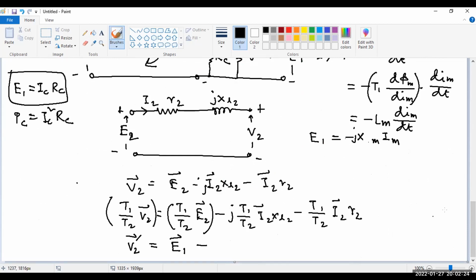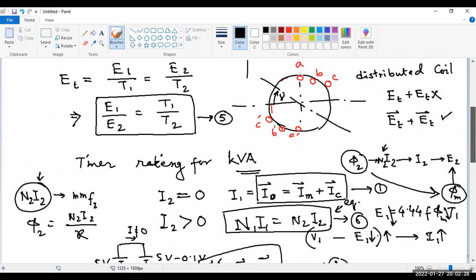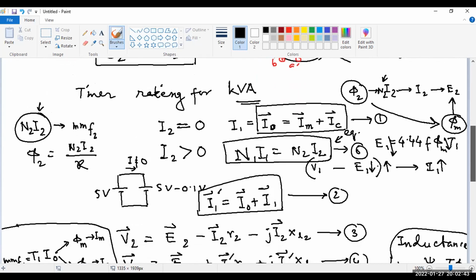Okay. Now another equation is left which we have never used. What is that? The equation number 6. Yes, sir, the MMF equation. So what is the expression of I2? I2 equals T1 by T2 into I1.